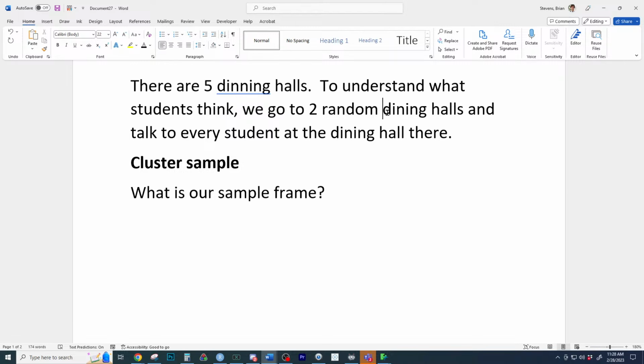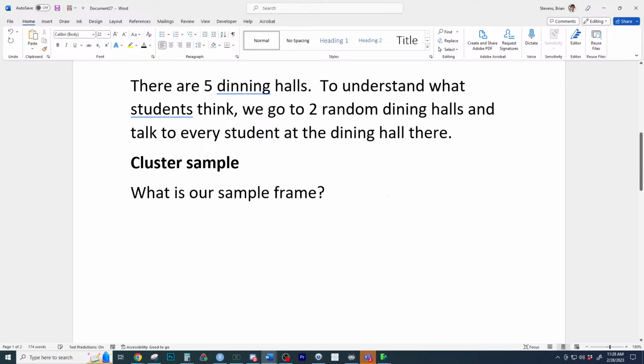So the sample frame is what is theoretically possible. Is it theoretically possible that we could have spoken to anyone at any of the dining halls? We're going to go to 2 random dining halls and speak to everyone there.